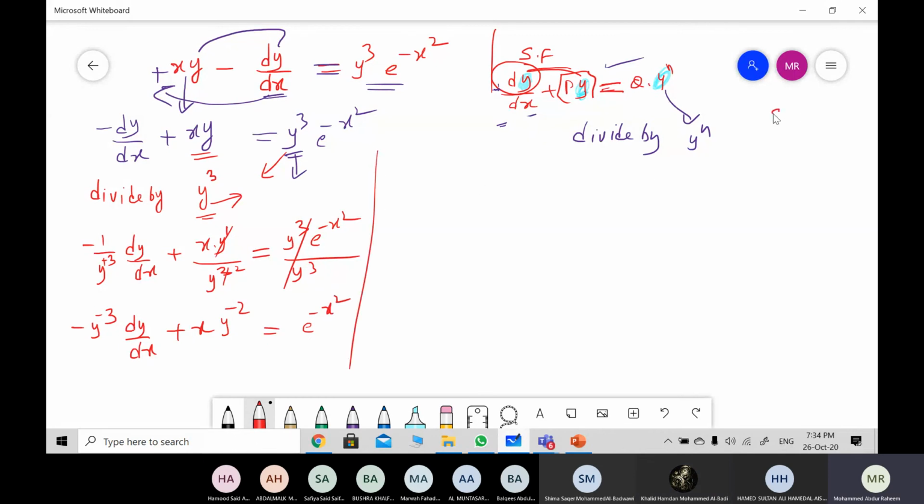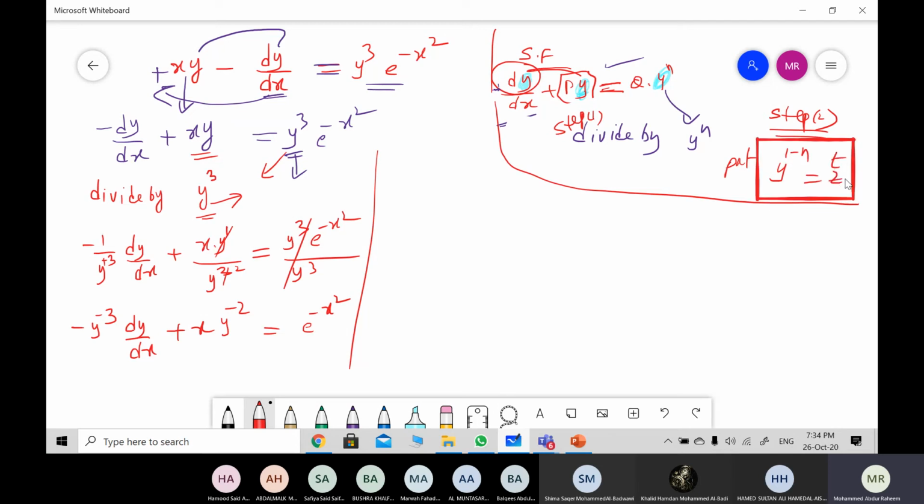This was step 1. Step 2 will be to put y to the power 1 minus n as z, or t, up to you. I will show you here. If I divide with y power n, what happens?